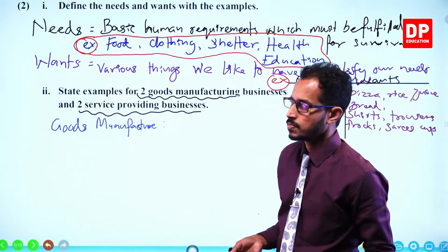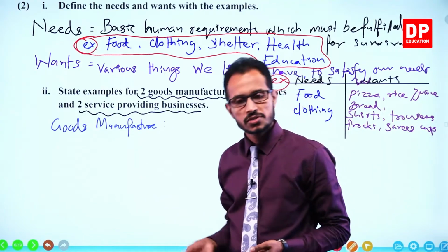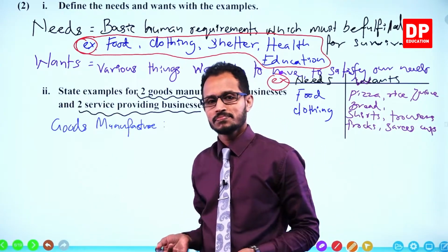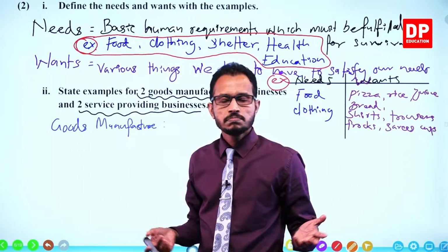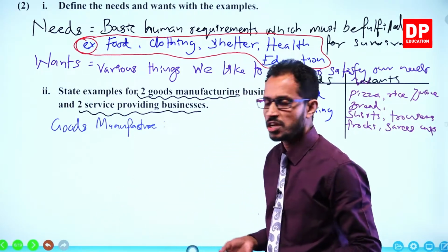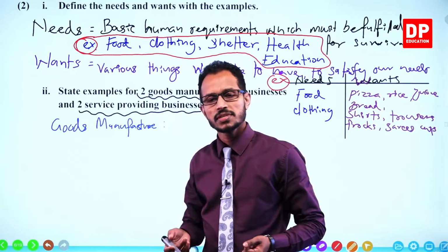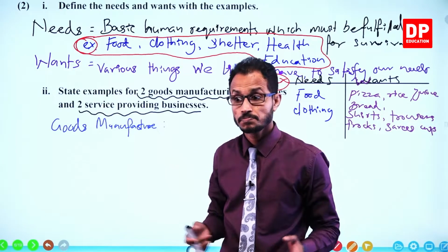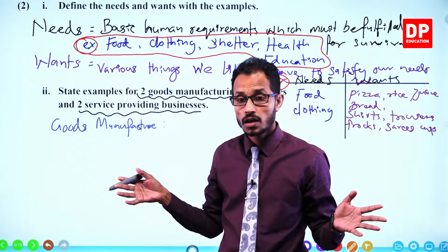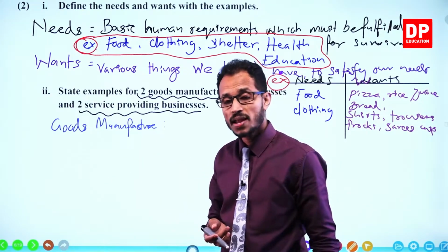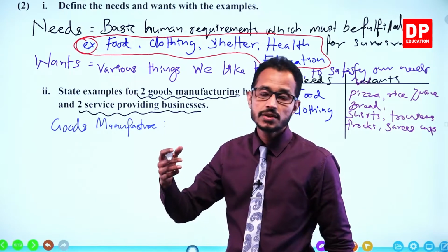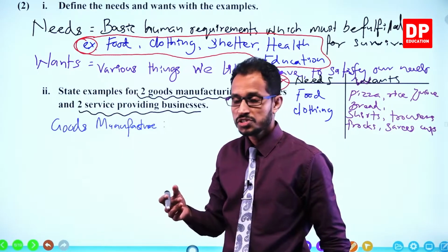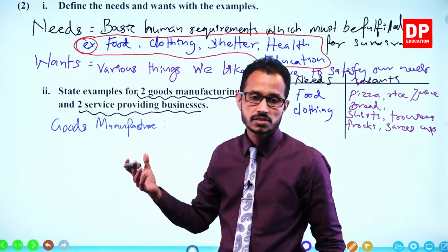Well, a confectionery business, a bakery, a furniture manufacturer, a furniture production business, a construction company, electrical appliances, TVs, radios, DVD players, home theaters, washing machines, blenders, grinders.